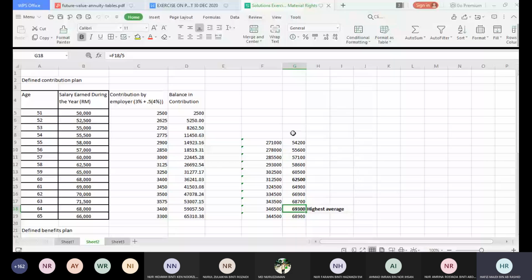Which is the highest average? 69,300. So it depends. If, for example, the question asks at a different point, say retirement at the age of 60, then you just look at the averages until the age of 60, see which one is the highest, and that's the one you will use in the calculation of the benefit to the employees.